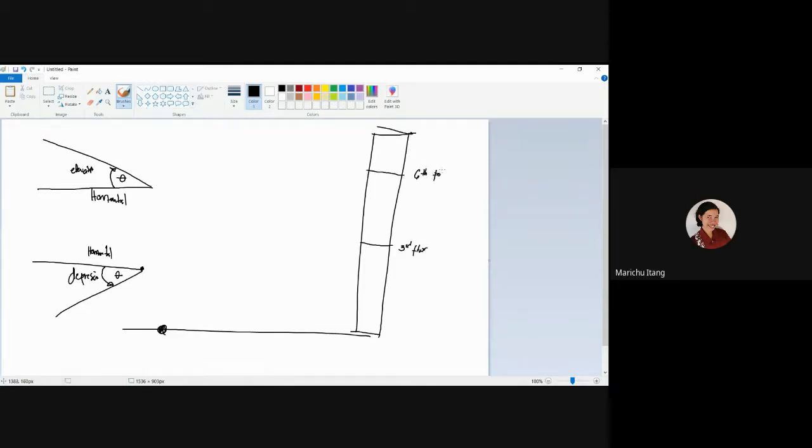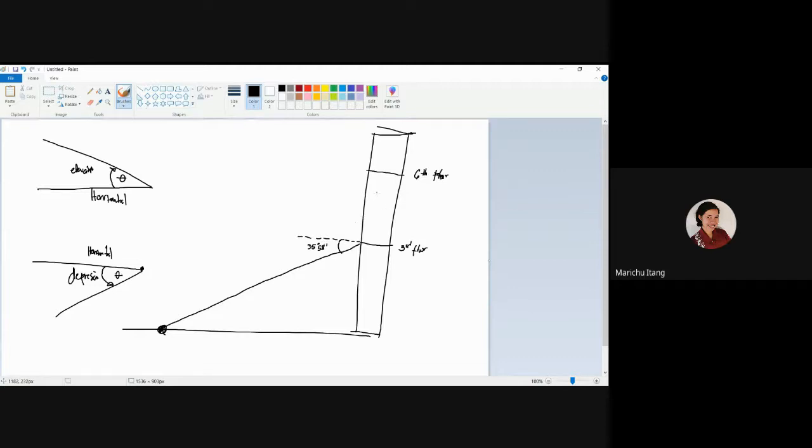On the third floor, let's say this is the projected horizontal line of the observer. This is 35 degrees, 58 minutes, the angle of depression from the third floor, since this is the horizontal.